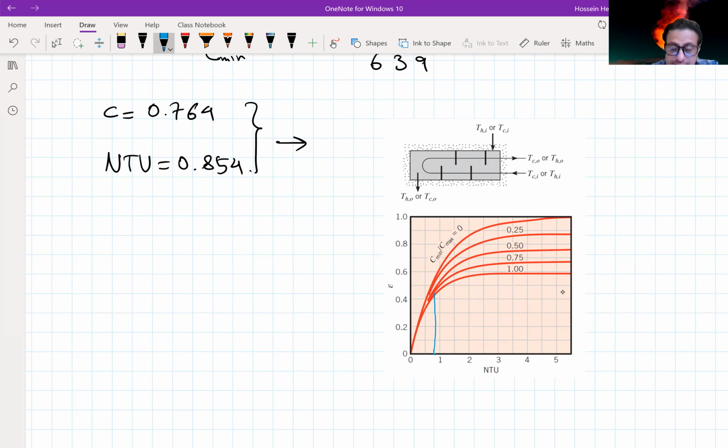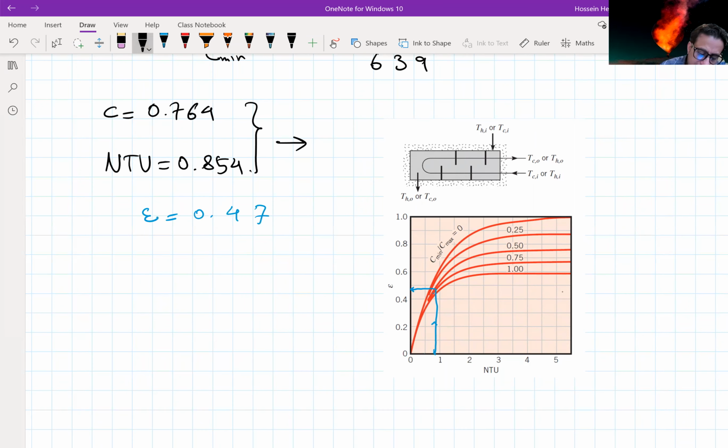If there are really huge differences, then we need to read the number between the two and do interpolations. But here, I can read the plot, so I can read the value of effectiveness.